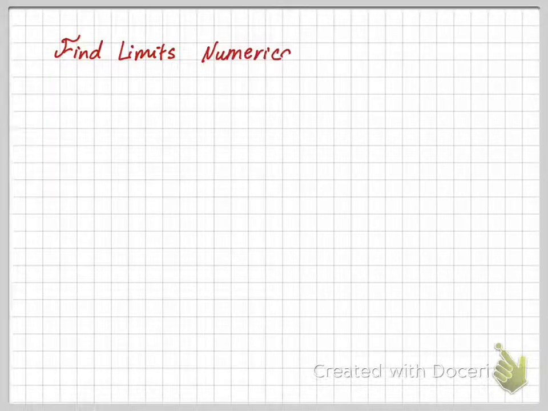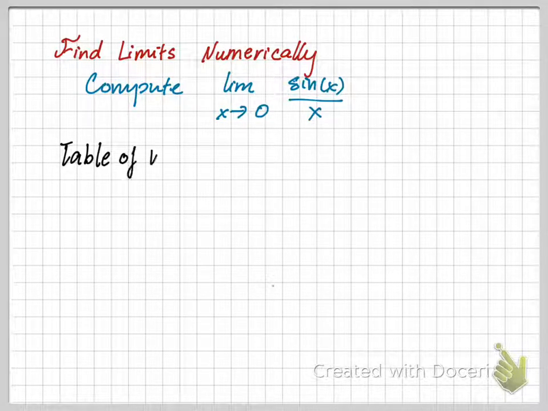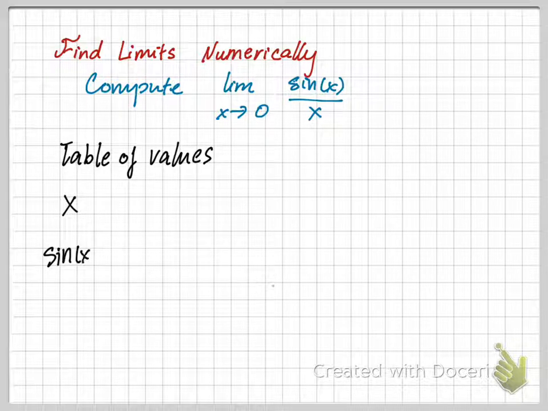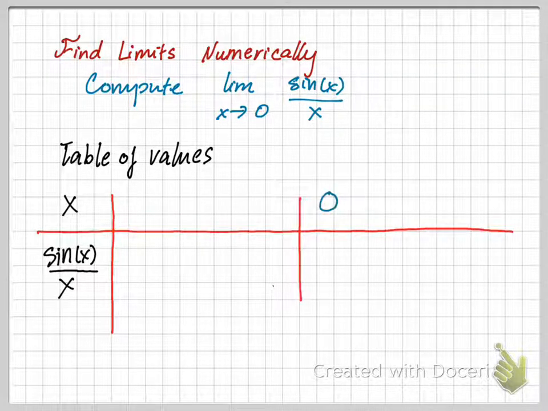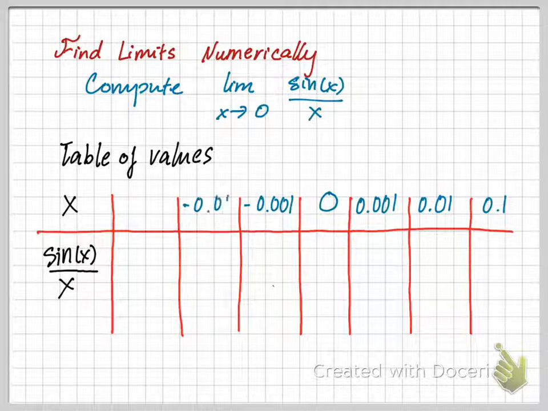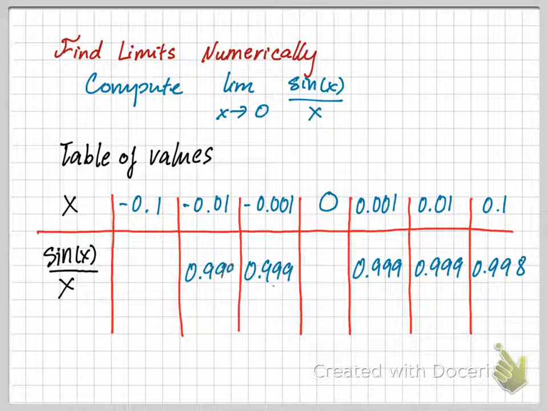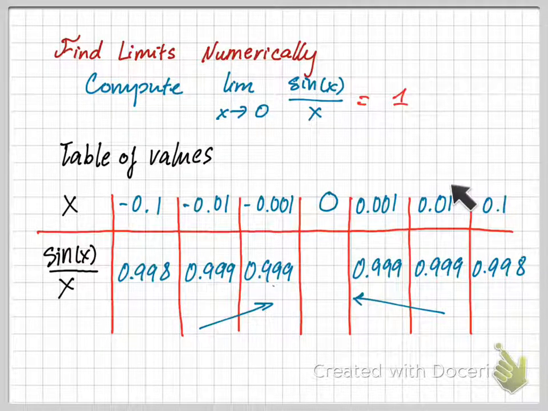The next method is we're going to use tables of values to find limits of functions. For example, you are asked to find the limit of the function sine of x over x when x goes to 0. Numerically, you want to populate a table that includes some values of x and the corresponding values of sine of x over x.